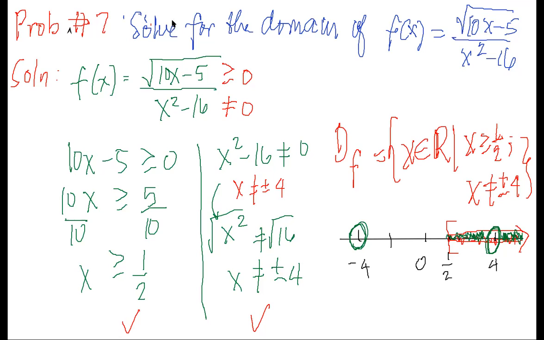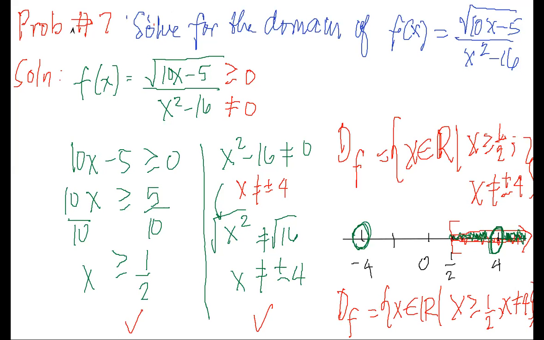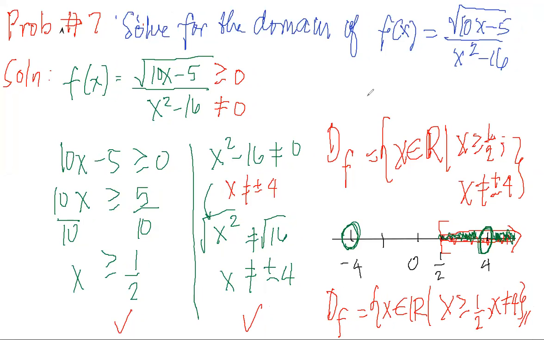So therefore, our final answer for the domain: the domain of f is x, an element of real numbers, such that x is greater than or equal to 1/2, but x is not equal to 4. So this is our final answer for the domain of the function f of x.